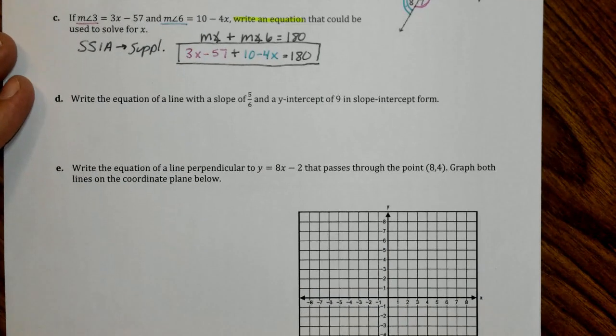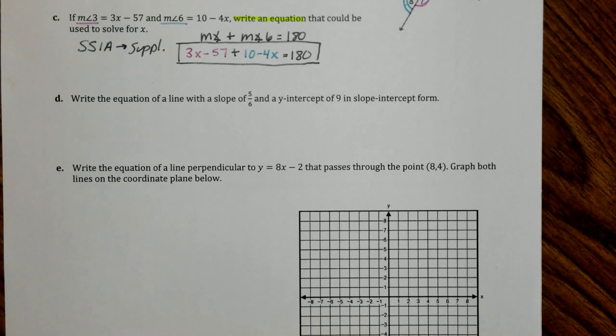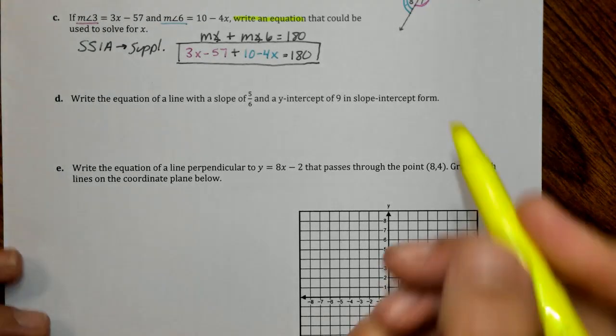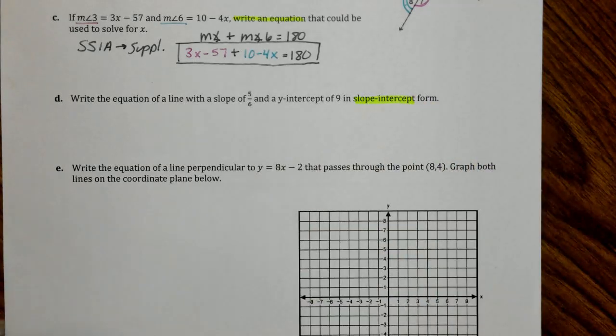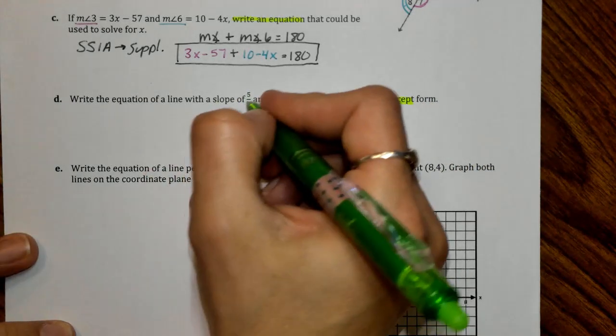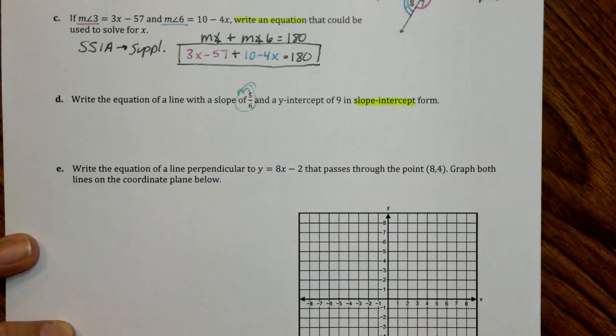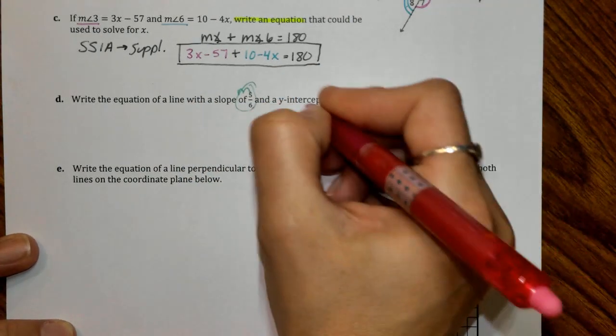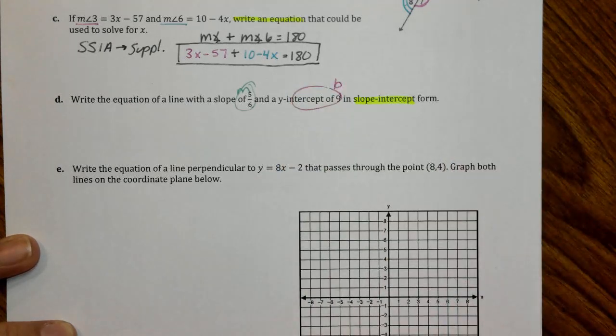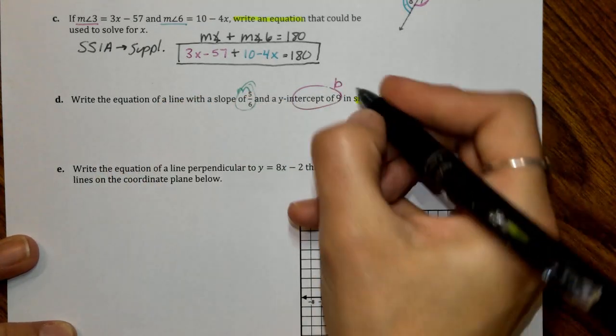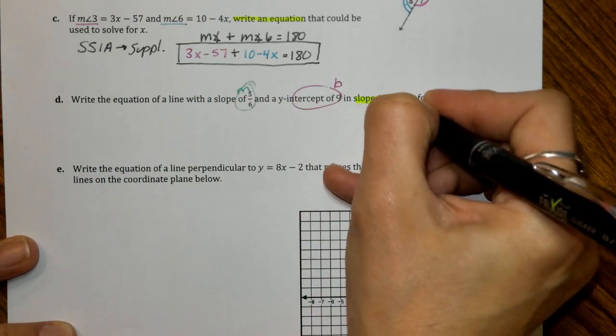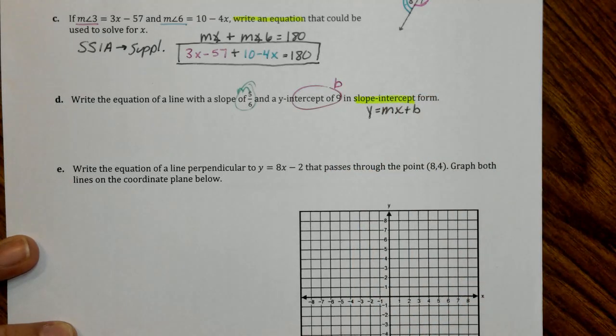Next, we're going to go ahead and write an equation. The equation of this line we do want in slope-intercept form. We're going to see here that they gave us the slope, m, and they gave us the y-intercept, b. So all we need to do in slope-intercept form, y equals mx plus b, plug in and move on.